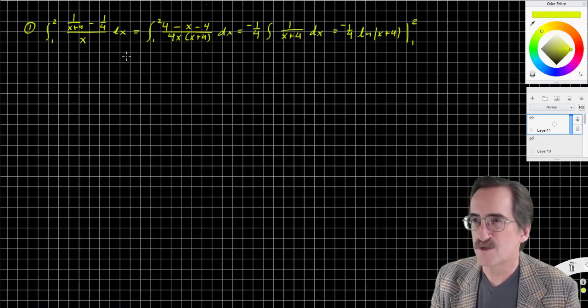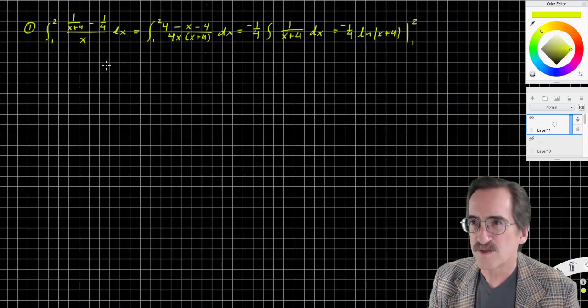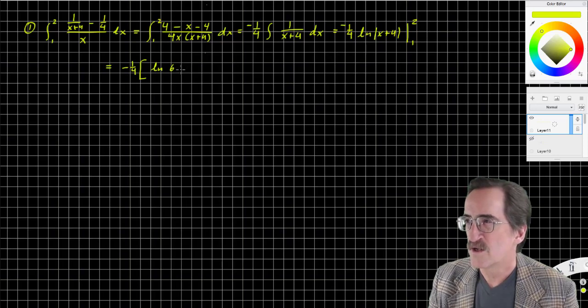Okay, so definite integral from 1 to 2. Let's plug in 2. So equals negative 1/4 times ln of 2 plus 4, ln 6, minus ln of 1 plus 4, ln 5.